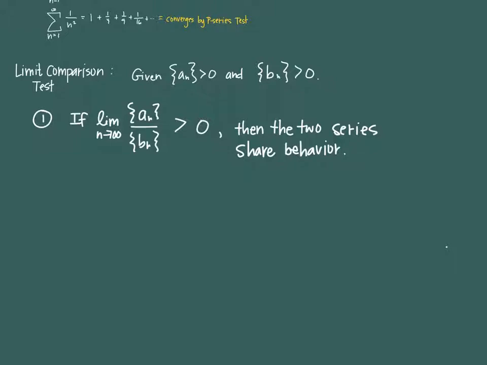So if you know one, you know the other. Let's say I knew B but not A, and I couldn't do the less than comparison, I just had these two. If I knew B but not A, or A but not B, did their limit and it came out to be positive, then they will share the same convergence behavior. They'll either both be convergent or both divergent. Not one of each.